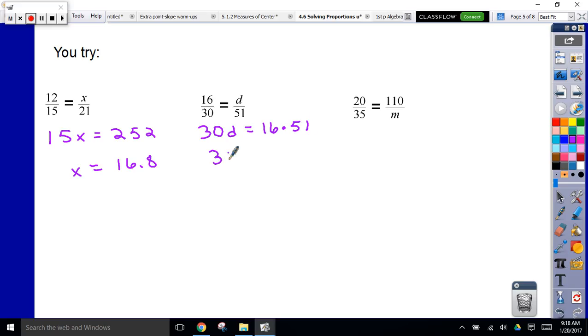Okay, so 30d equals, what is 16 times 51? 816. Good. What do you do now? Divide them both by 30. Good. So d equals 27.2. Good. How many of you got 27.2? Good. Pretty much about unanimous. Good. All right, next one.